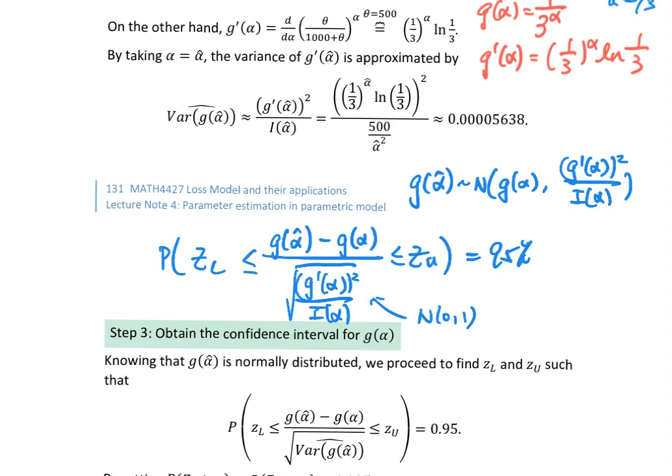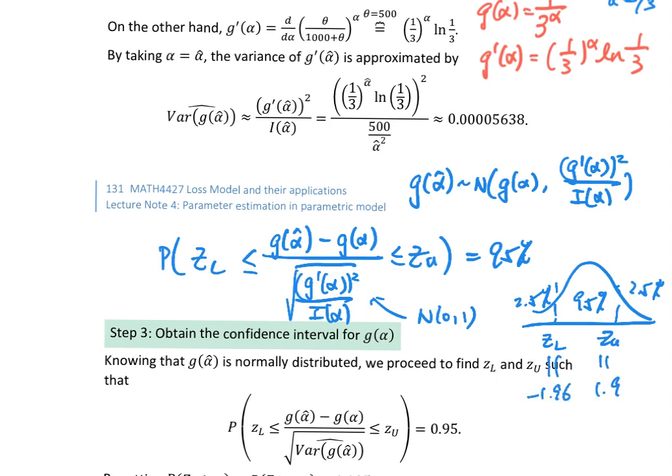To get the ZL and ZU, again we are looking for the symmetric confidence interval: 95% in the middle, 2.5% on the left, 2.5% on the right. Then you get ZL equal to minus 1.96, and ZU equal to 1.96.